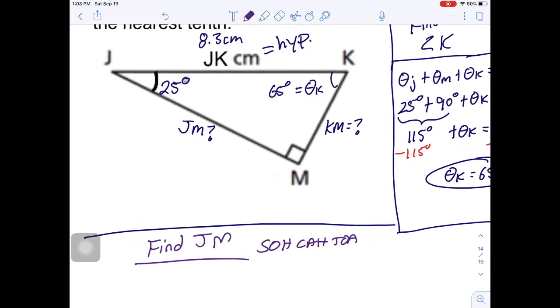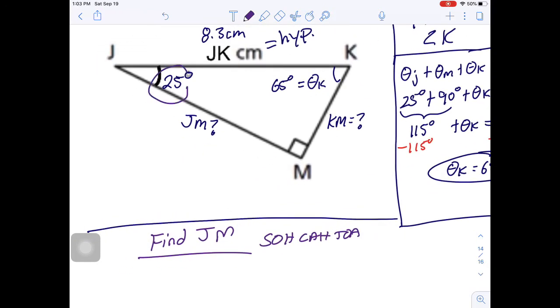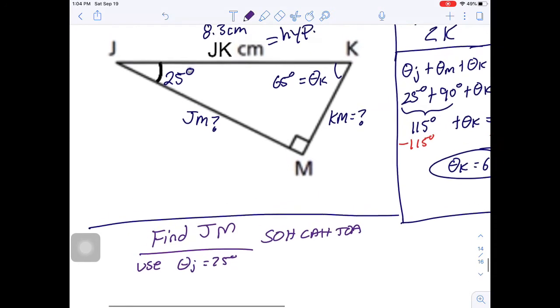Okay. Now we're given, let's use this angle here. Let's use 25 degrees in order to find JM. You could technically use this as well, but it's good to just, okay, I'm going to use this and solve for JM. So let's use angle J, which is 25 degrees, to find JM.